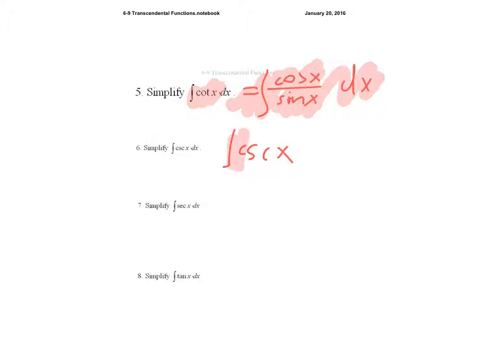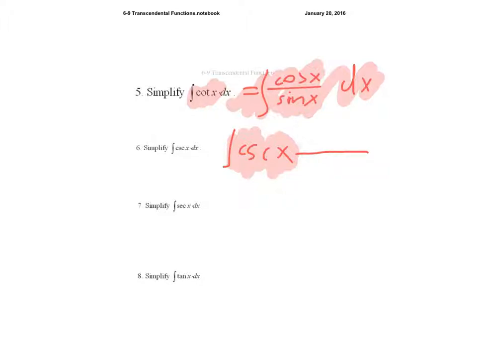I want to talk about this one a little bit. I think it's better if I talk about this, so you know what my thought process is. Essentially, I'm going to multiply it by a fraction, but the top and bottom are going to be the same thing. But I want to multiply by something that will allow me to end up doing a derivative that will be the same as the top.